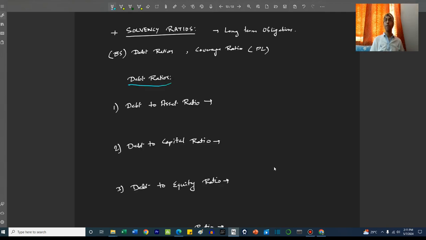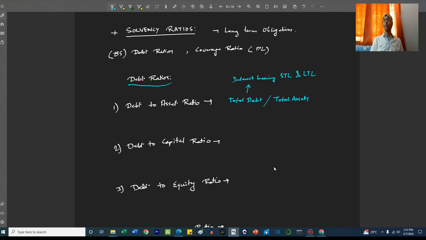The first of the debt ratios is the debt to asset ratio. This is basically the ratio of the total debt divided by total assets. Now, total debt here is defined by interest bearing long term and short term liabilities. Again, I'll repeat, total debt here is represented by interest bearing short term and long term liabilities.